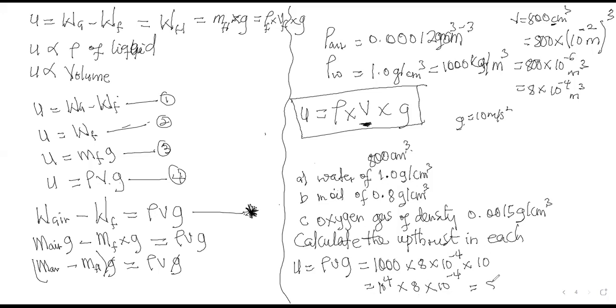So I have 8 times 10 to the power 0. 10 to the power 0 is equal to 1. So the answer is 8 Newton. So for such volume of cube, the upthrust in water will be 8 Newton.